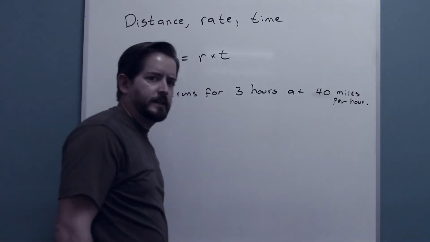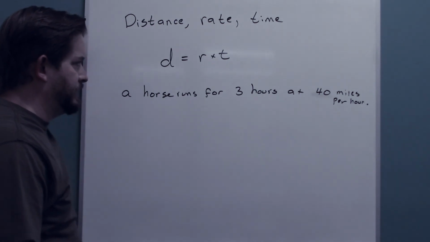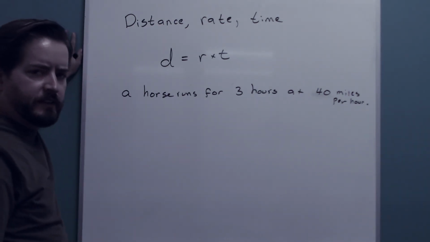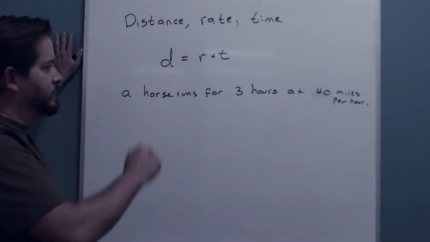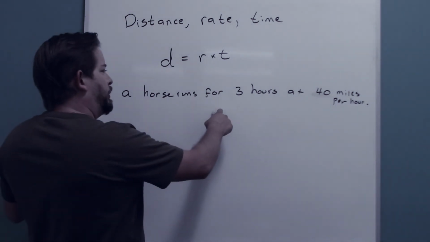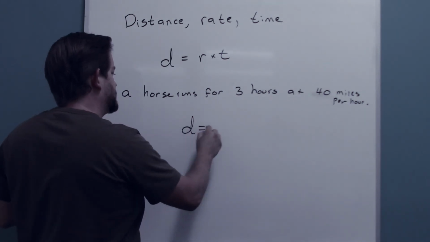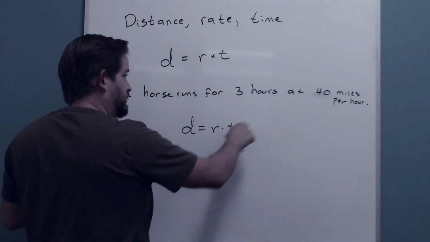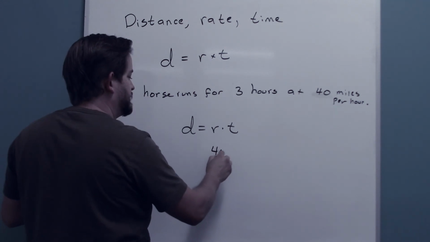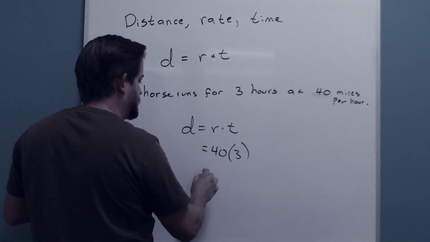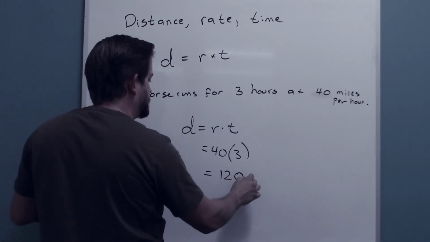I don't know how fast horses run, but I imagine one might make it to 40 miles an hour. Probably not for 3 hours, but hey, this is math class, not reality yet, so work with me. But if we want to find out how far this horse goes, the distance is equal to rate times time. The rate is 40 miles per hour. The time is in hours, so 3, this means that this horse is running 120 miles.